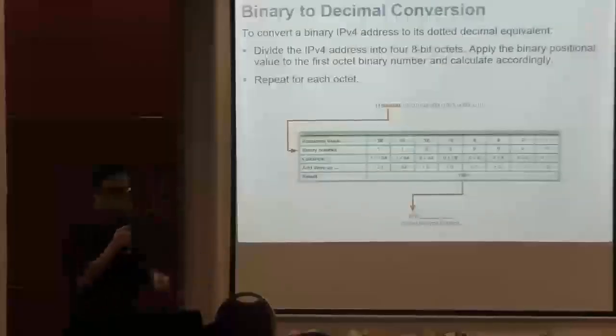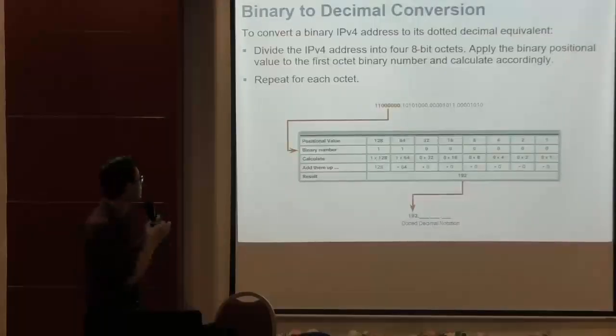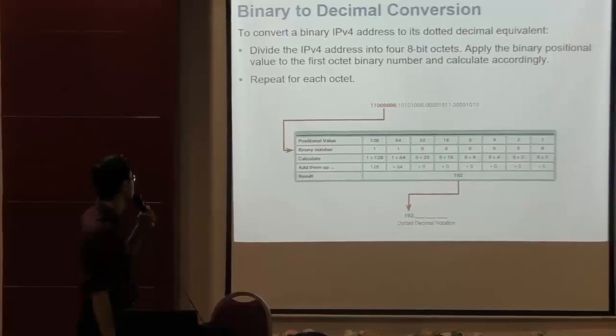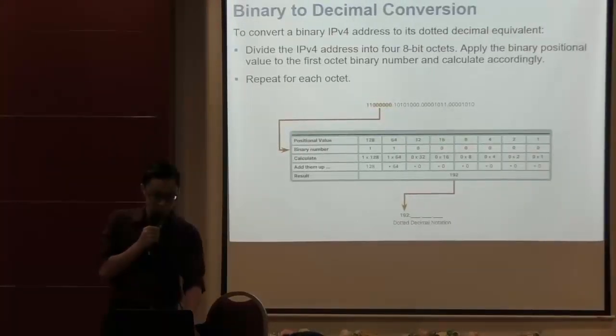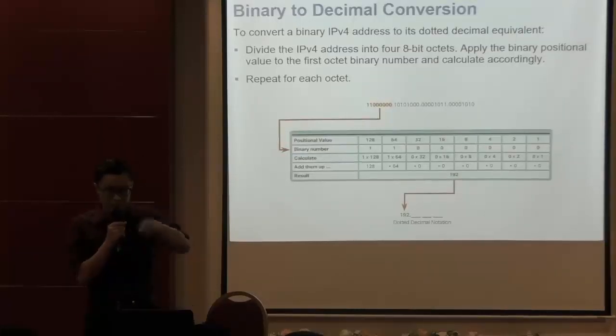We go to the binary to decimal conversion. To convert a binary IP address to its dotted decimal equivalent, you must divide the IP address into 4 8-bit octets, apply the binary positional value to the first octet's binary number and calculate it. Each octet you must repeat.